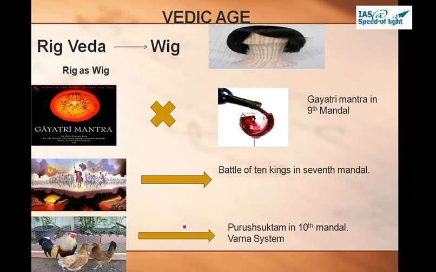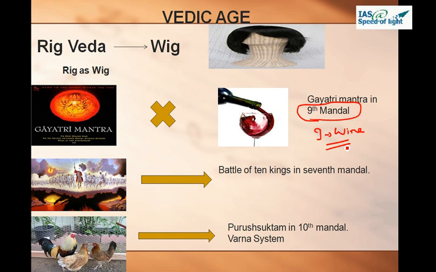First is Gayatri mantra, right? Gayatri mantra is in the 9th mandal. So 9 is wine for us. If you remember the mnemonics, 9 was wine. Okay, you need to practice a bit every day. If you do it for 15-20 minutes, that's going to be more than sufficient. So 9th mandal becomes wine for me, and Gayatri mantra.